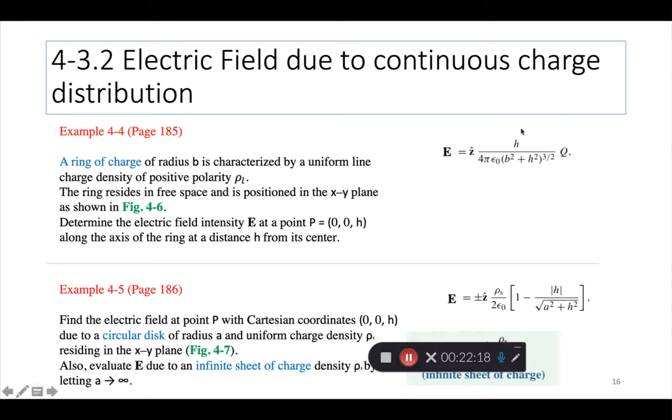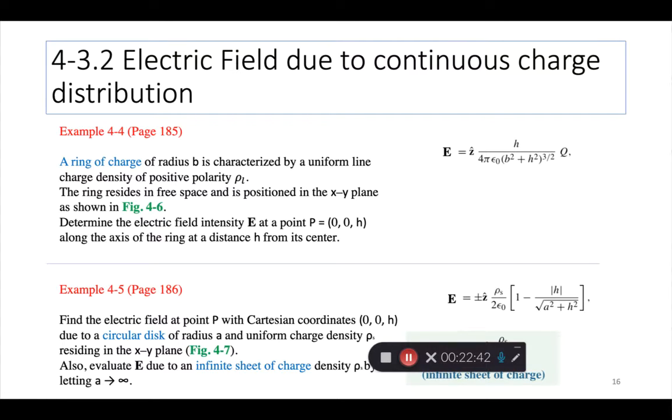So if you do that, you come up with this formula, E equals z times, z is the direction, it's in the z direction because we have only been asked to calculate along the z axis, and of course the original q also appears.